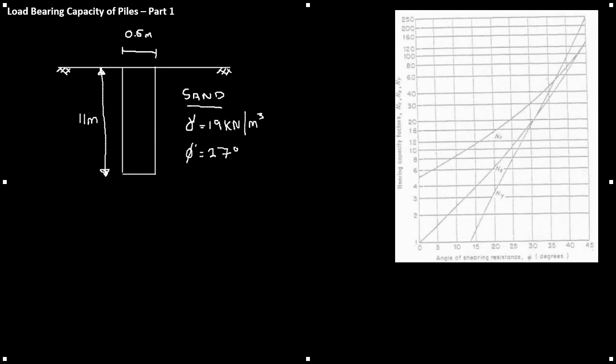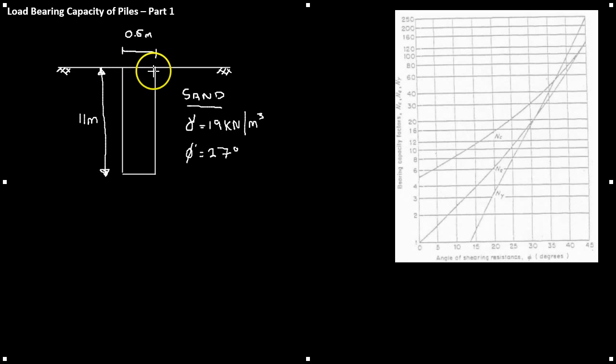Rather than me go through a great big long list of equations to use for determining load capacity of piles, I think it would be best if we work through an example. So let's take this example here. We have a pile 11 meters deep, 0.6 meters in diameter. We're looking at a circular pile here.